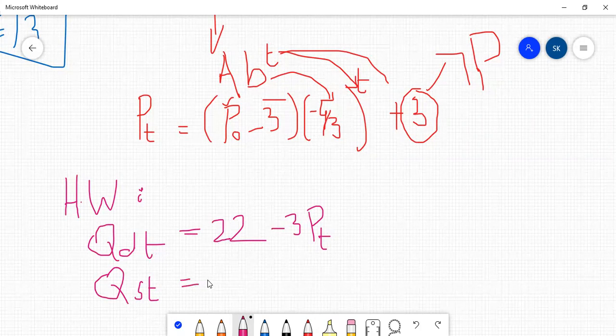Now Q_st is equal to minus 2 plus p_(t minus 1).